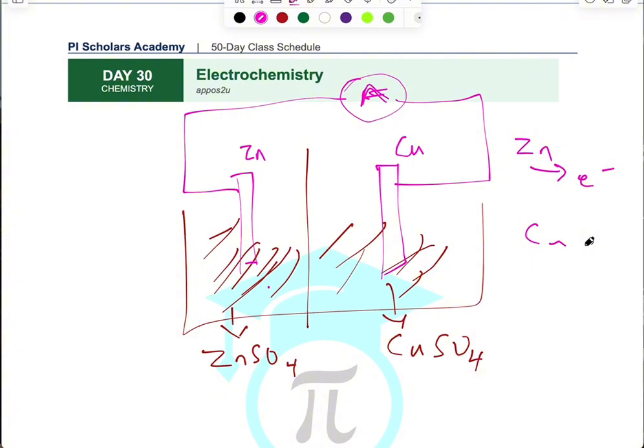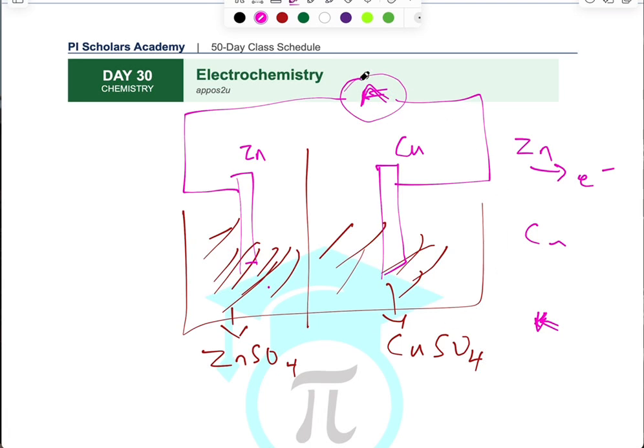For potassium, which is at the top, it is very easy to lose electrons. But as you go downward from potassium, you begin to meet elements that are reluctant to lose their electrons. So when you have a tussle between zinc and copper, who should lose electrons? Zinc will readily lose its electrons rather than copper, because copper is below it in the electrochemical series.